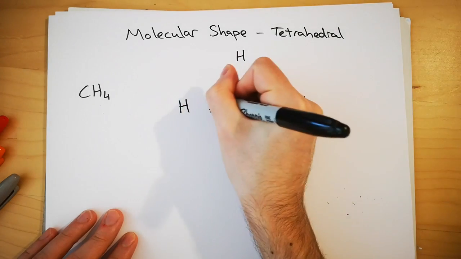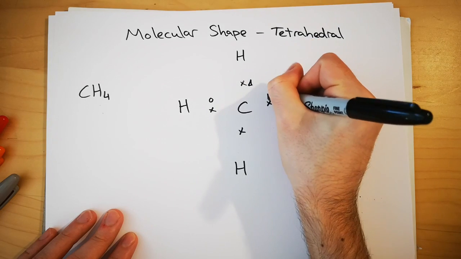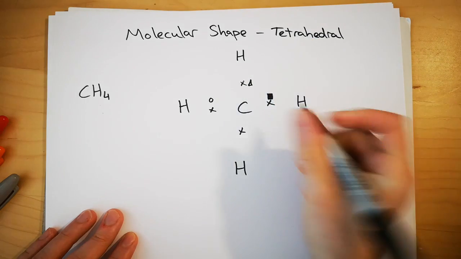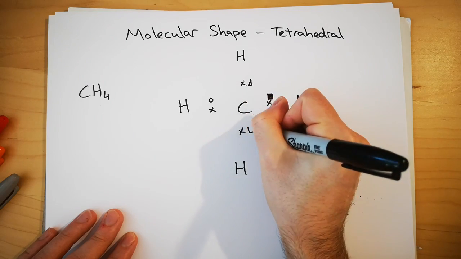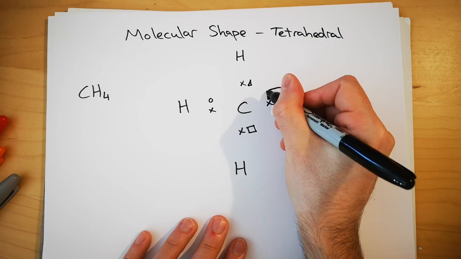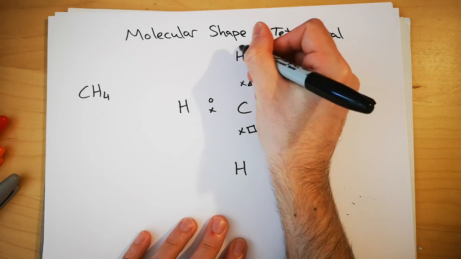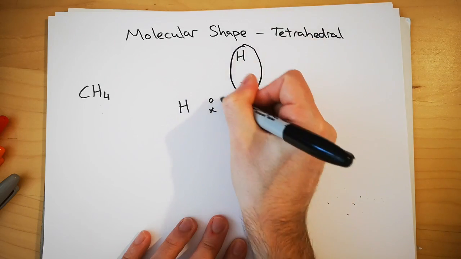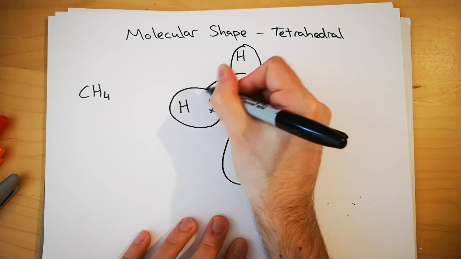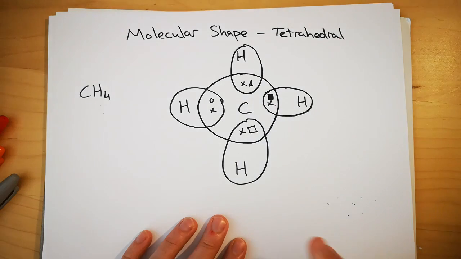And each hydrogen has 1 electron. I'll do a solid square, and I'll do an empty square. Well, that makes a vague amount of sense. I'll do the orbitals for each of my hydrogens, and I'll put that around like that.